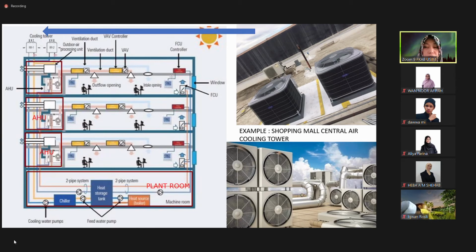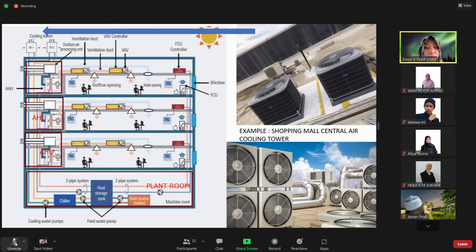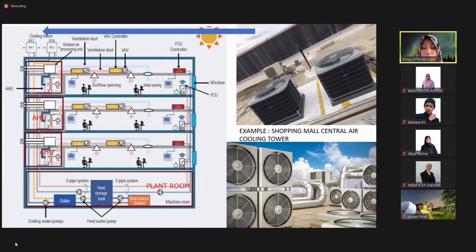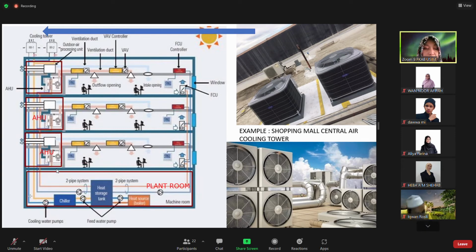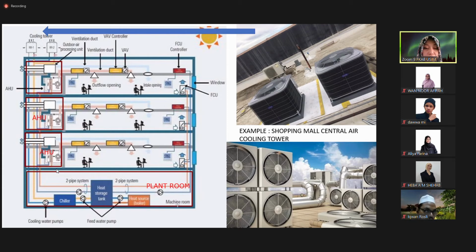For a small building, let's say only a 3-story building, most probably the room is only 1.5 by 1 for the AHU, because you just want to have piping connected from the plant room.